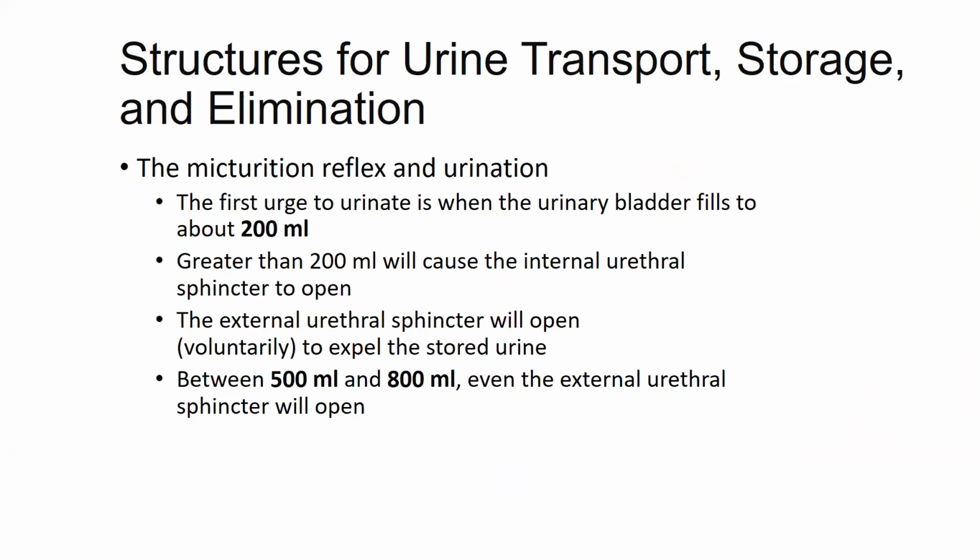Between 500 and 800 mL, we have no control over the external urethral sphincter. When I say that, I mean we cannot try to keep it closed any longer. This is where we have to go to the bathroom, right? This is that point where we lose the control of that external sphincter. It's going to open whether we want it to or not. That's synonymous to wetting your hands, right?